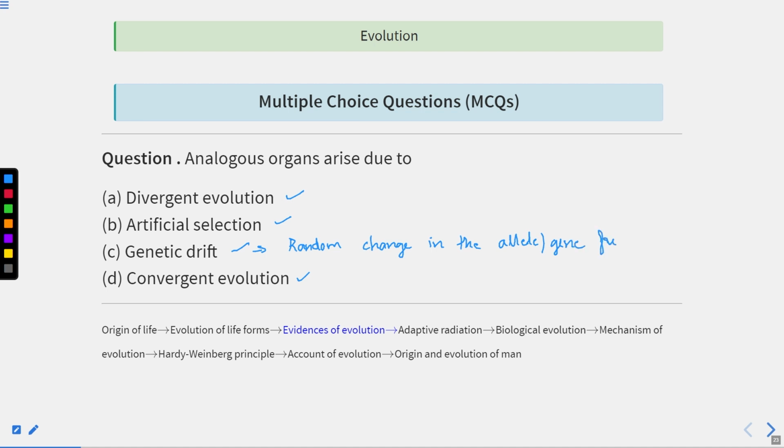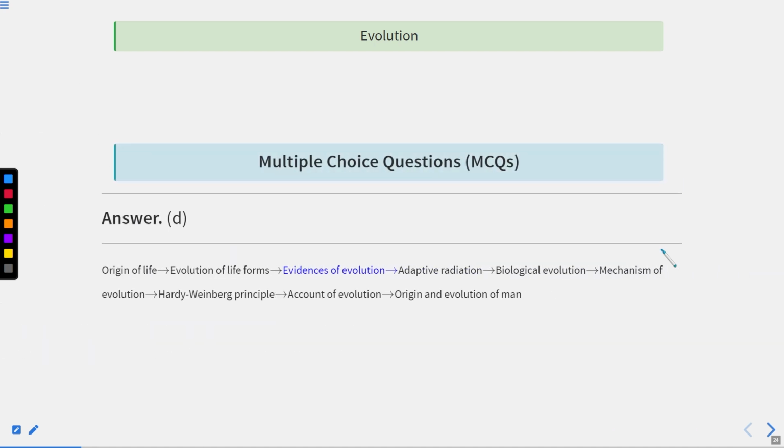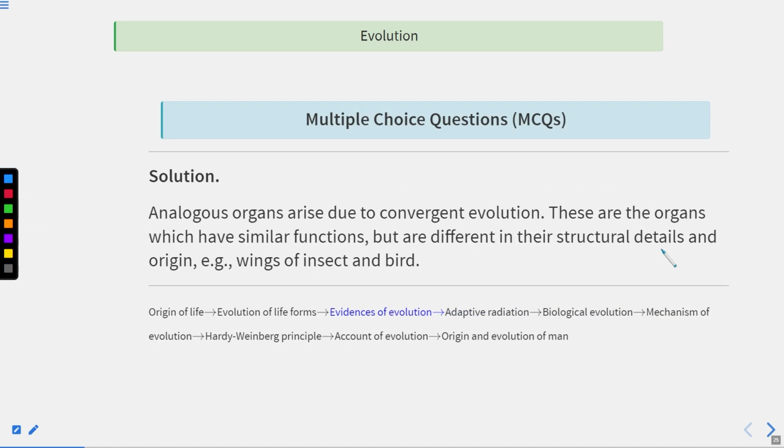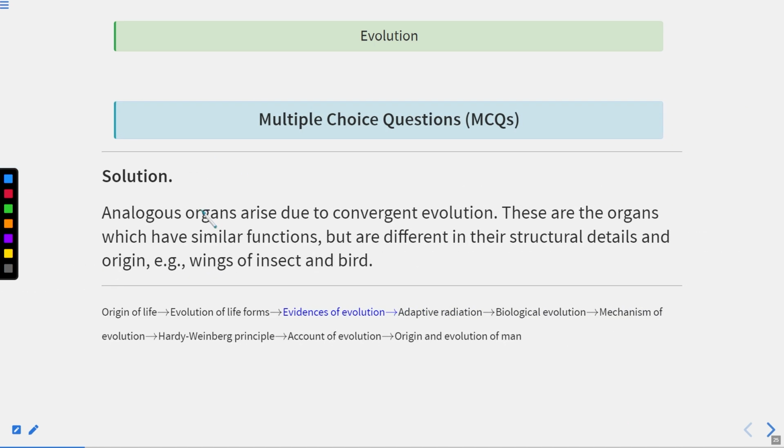This is known as genetic drift. Okay, this is clear. Convergent evolution is the answer here. So option number D is correct here. So the analogous organs arise due to convergent evolution.